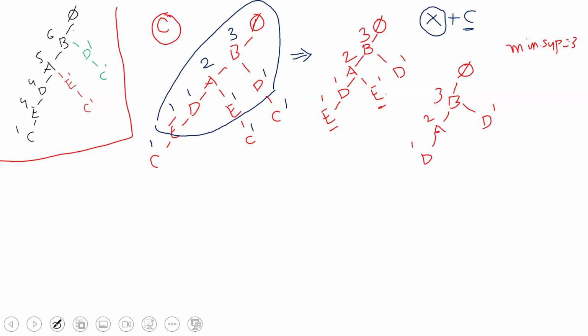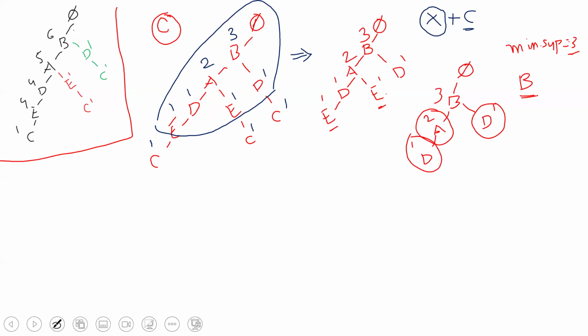Now look at the counts of D. D also appeared 2 times, which is less than min sub, so ignore that. A also appeared less than 3 times, so ignore that. The only thing left is B, and the support of B is 3, which is greater than or equal to 3. So we only have to consider B.